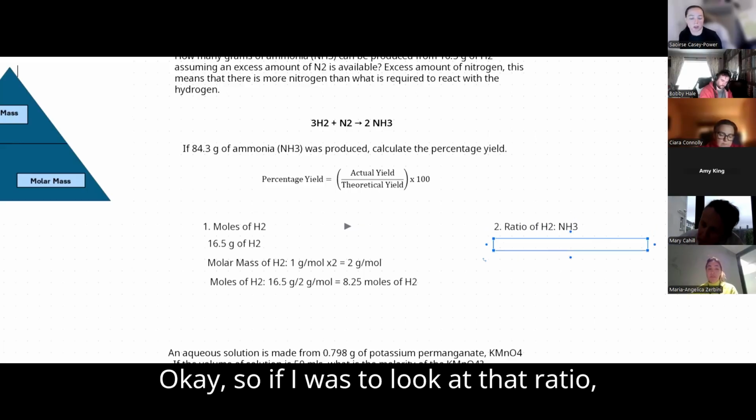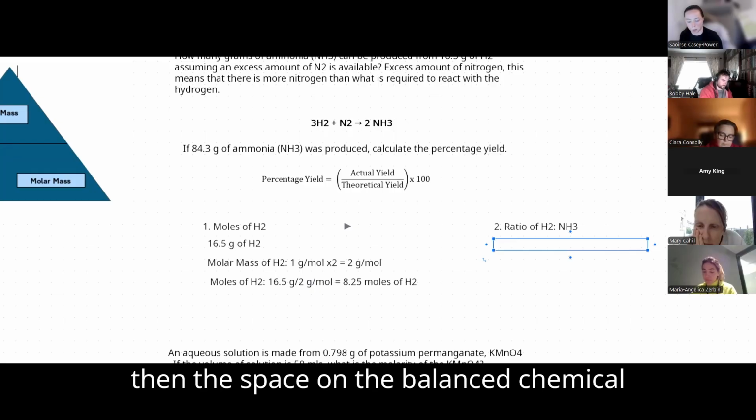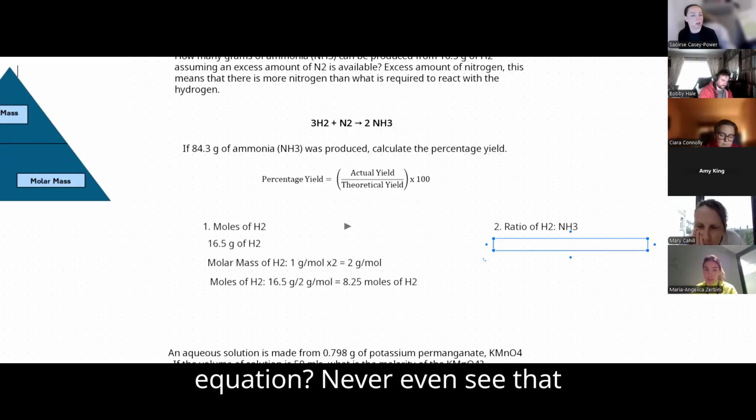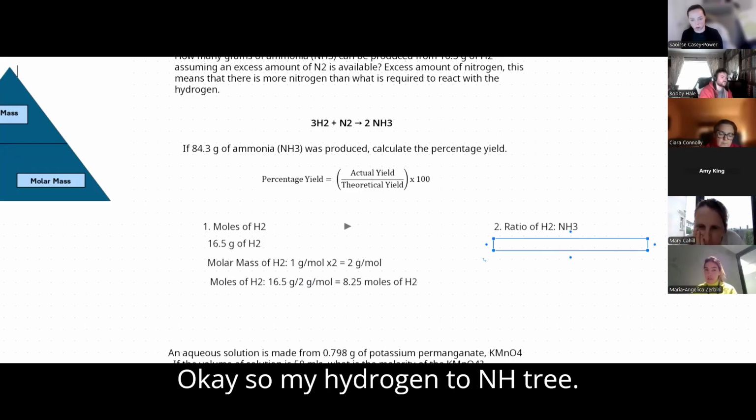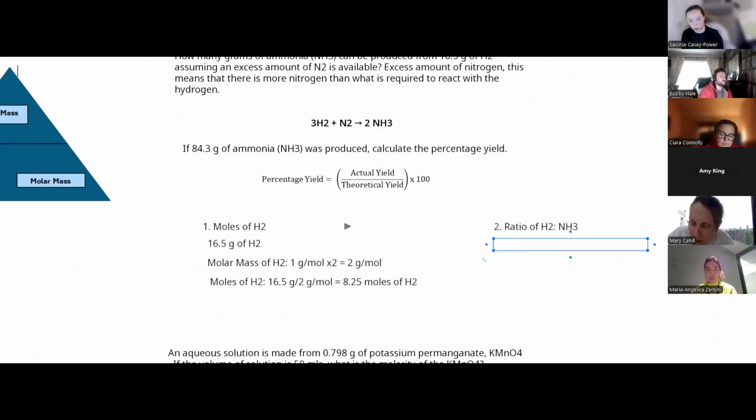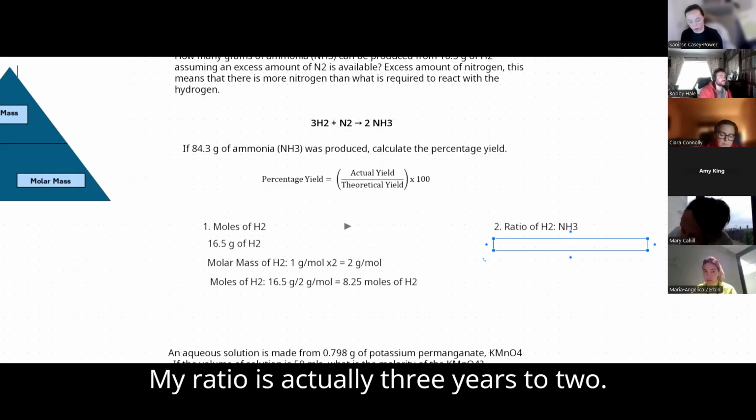Okay, if I look at that ratio just based on the balanced chemical equation, can everyone see that it's 3:2? So my hydrogen to NH3 ratio is actually 3:2.